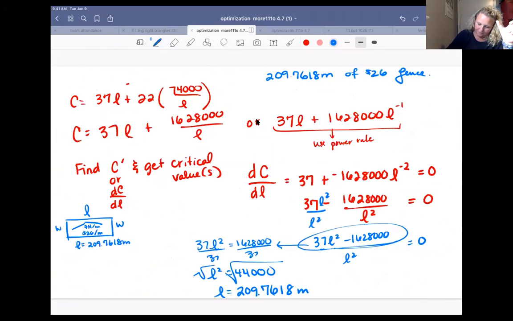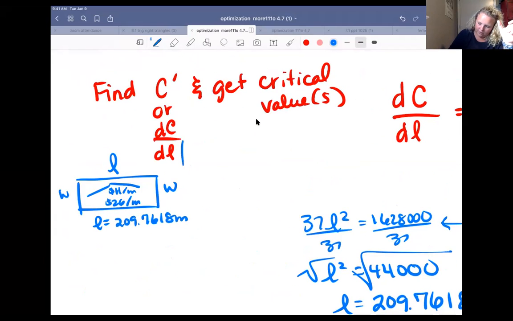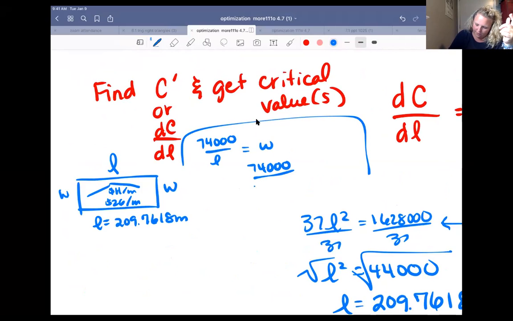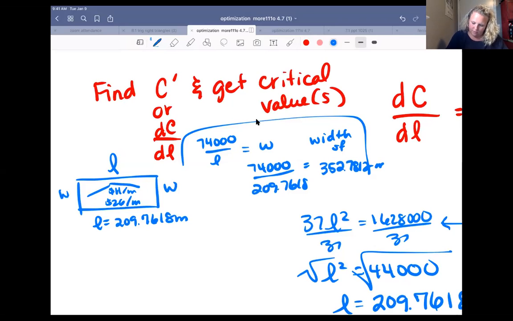So if 74,000 over length gave us the width, then 74,000 over this 209, whatever that is, I'm going to do 74,000, 3 zeros, and divide it by that answer. And that gives me a width on this property of 352.7812 meters. Okay, so that's the width part.